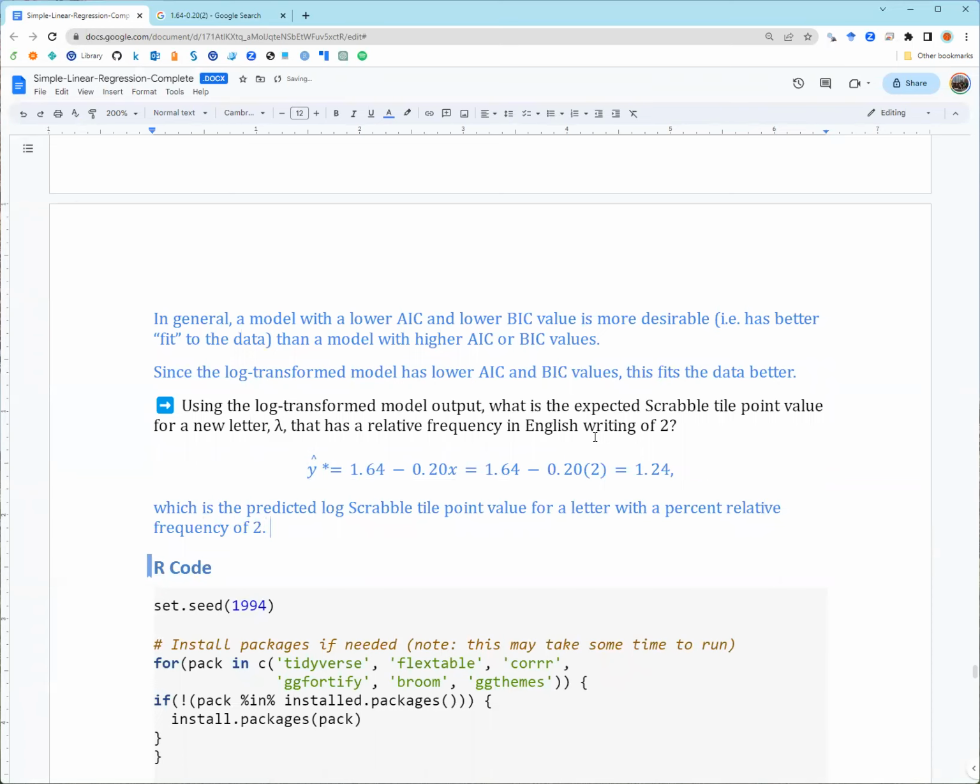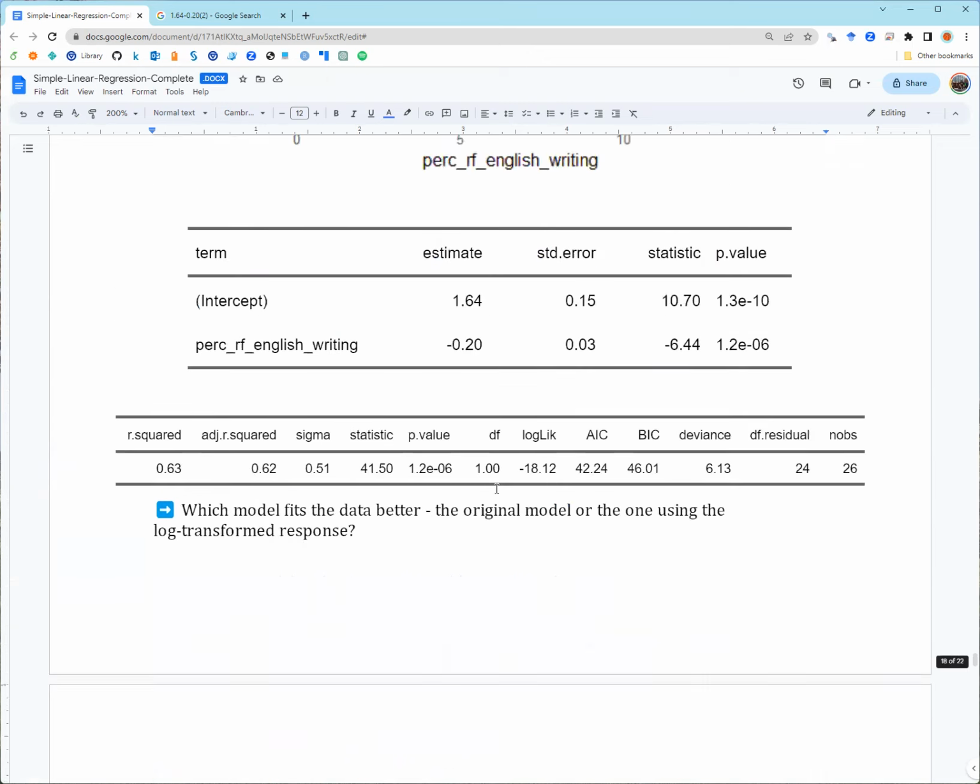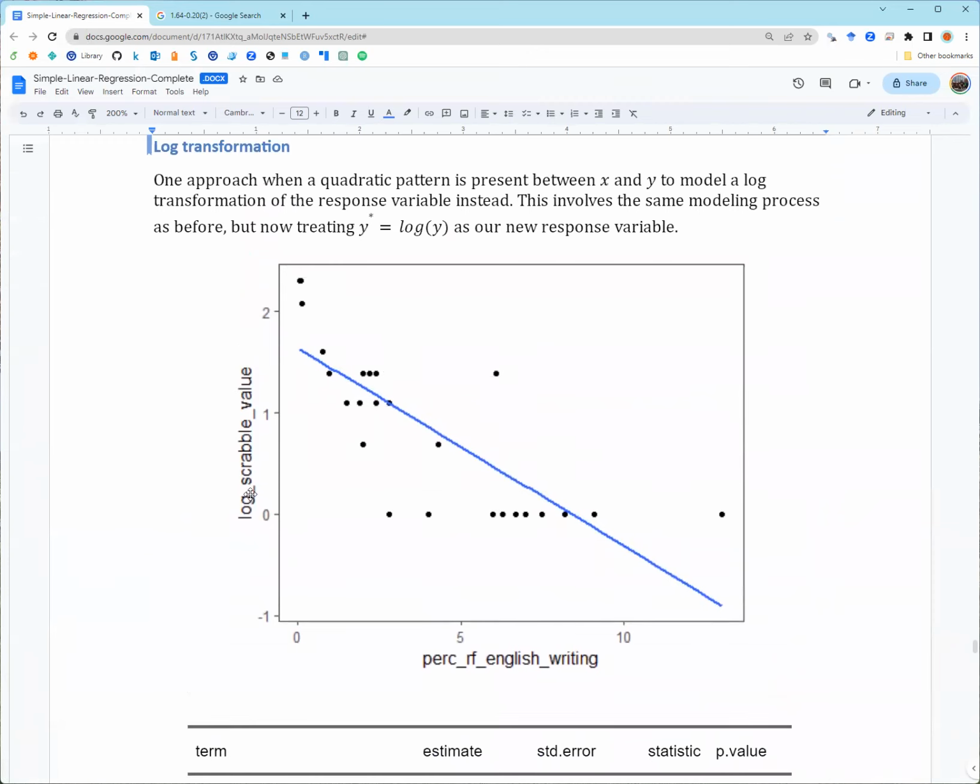tile point value. So this is where the cost comes in for doing the log transformation. We're no longer just talking about Scrabble tile point values. We're talking about the log of the Scrabble point value, which is not what we were interested in at the start.